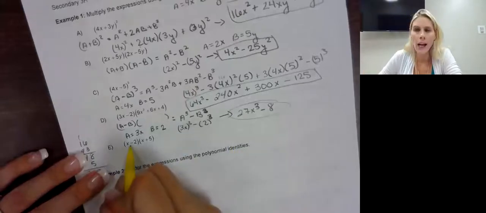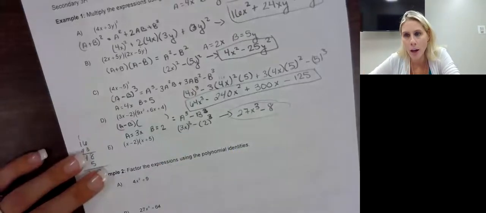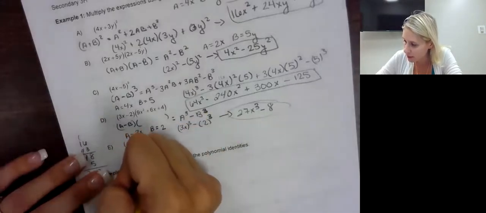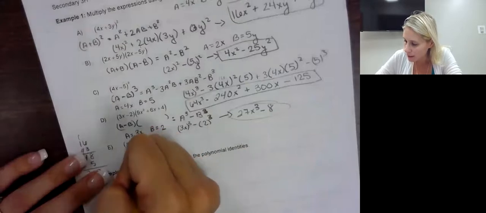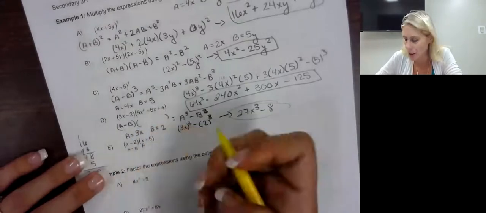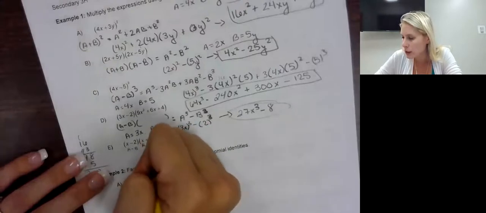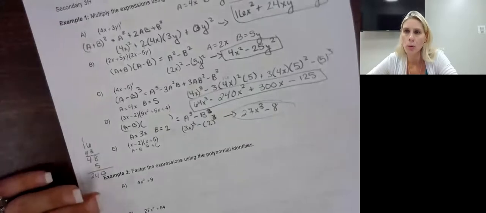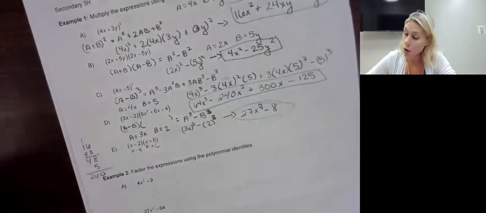Now this, as you can see, do we have a rule here? No, because if this were A, this would be A. Let's say this is A minus B. Is this a B? No, it's like a C. So unfortunately, this one doesn't have a rule. We have to FOIL or do our box.